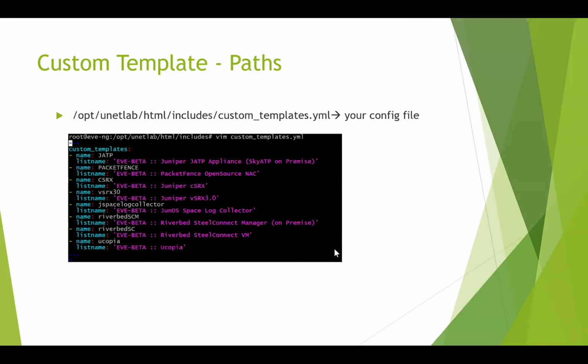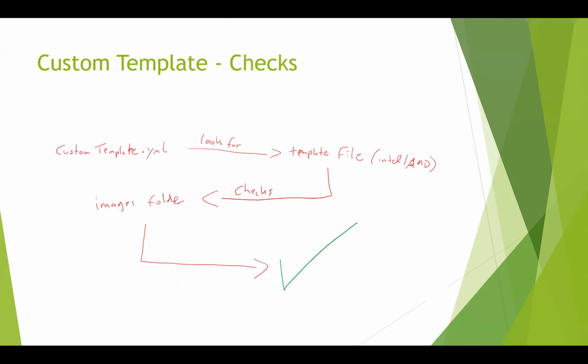And like I said, we also need this custom templates YAML file. That is basically where you tell it, okay, this is the name of the template that I have created. Then there's also a list name that you can choose. That is the one that will be displayed on the EVE GUI. And basically, this custom template YAML looks for the template file in your Intel or AMD folder.